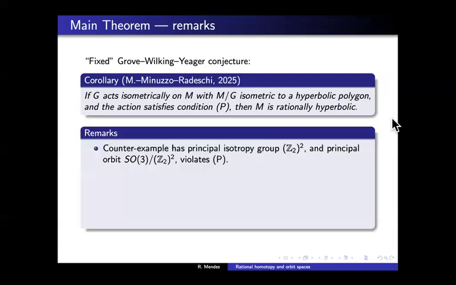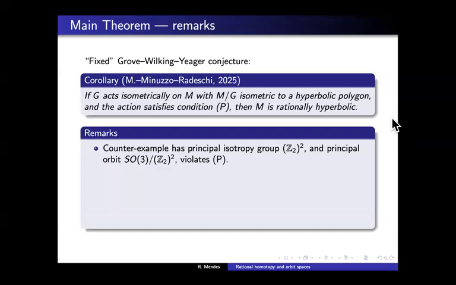And I'm going to add some more remarks here. First of all, the counterexample I gave earlier, of course, the theorem doesn't apply to it. Indeed, you can see what the principal isotropy group and the principal orbits are, and they do violate condition P. You have Z2 squared for the principal isotropy, and SO(3) over Z2 squared for your principal orbit.